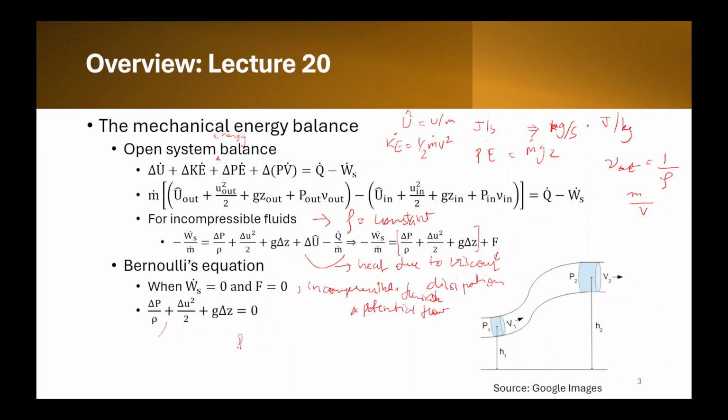Or you can write P1 by rho plus U1 square by 2 plus G Z1, which is constant basically, or you can write it in one more way, that is equal to P2 by rho. So at some other point it will be P2, U2 square by 2 and G Z2. So the schematic is given here.